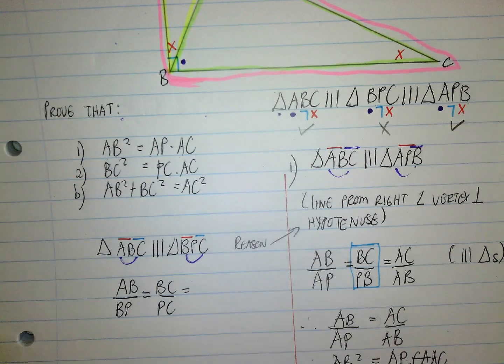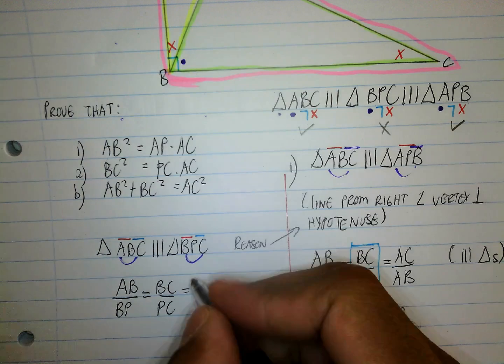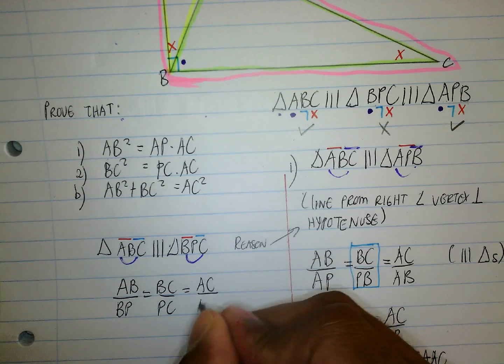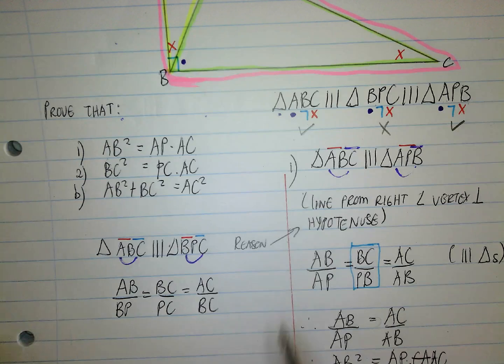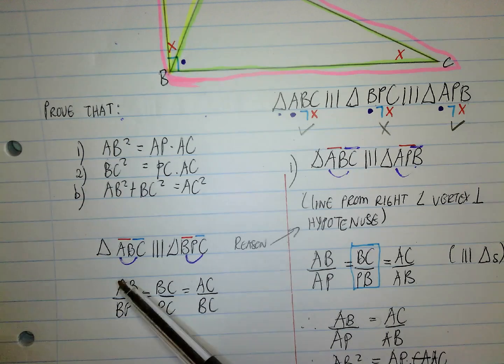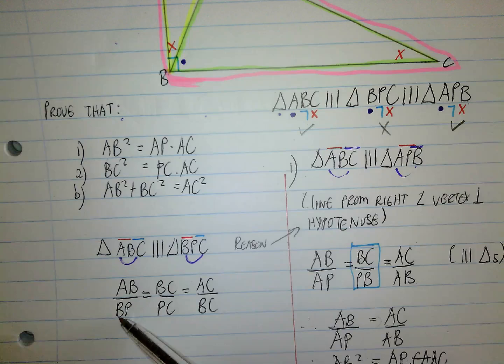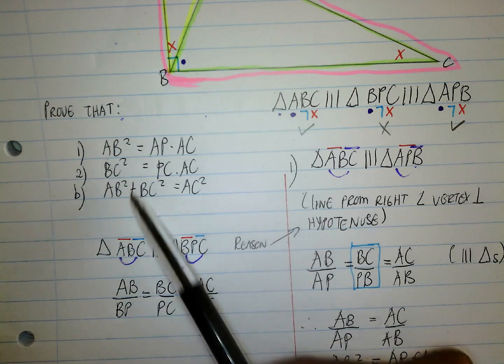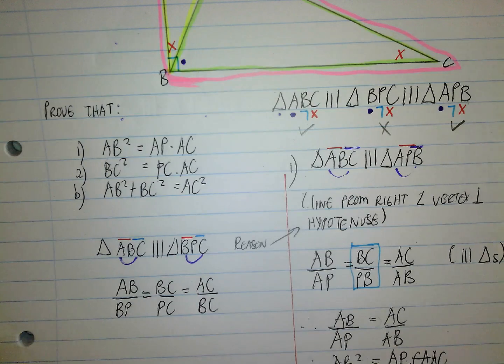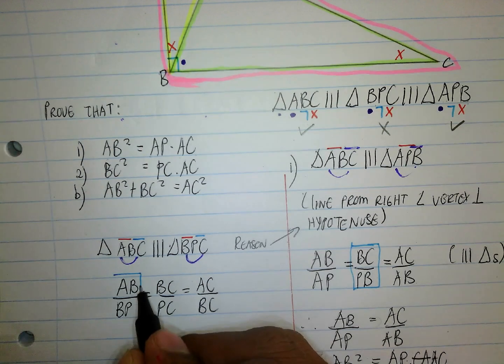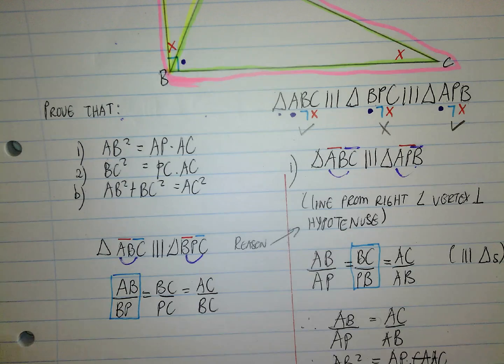AC over BC. Now looking at the following expression, AB and BP, we don't have any AB, we don't have any BP, so meaning that this one is going to be excluded. We're not going to work with it, right? Now the only two that you're going to work with are these two.